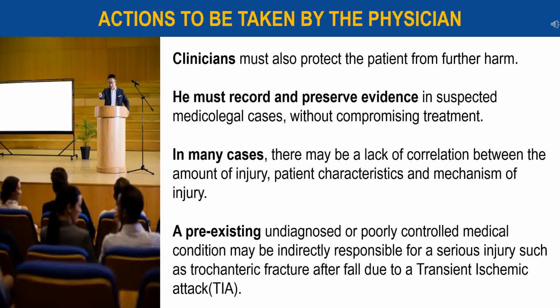Similarly, a pre-existing undiagnosed or poorly controlled medical condition may be indirectly responsible for a serious injury. For example, a patient presenting with a head injury or a trochanteric fracture might have fallen as a result of a transient ischemic attack. In this scenario, it is necessary to identify and treat the primary cause and prevent further trauma from a later full blown stroke.